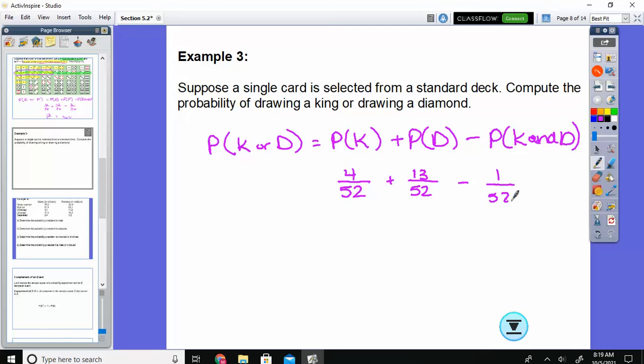It got added into the kings and with the diamonds, so we have to subtract it off. So that gives me 16 out of 52. Or if you gave me a decimal, 0.3077. Questions so far?